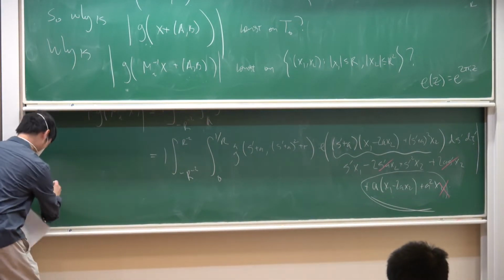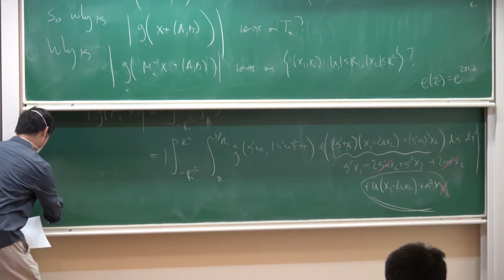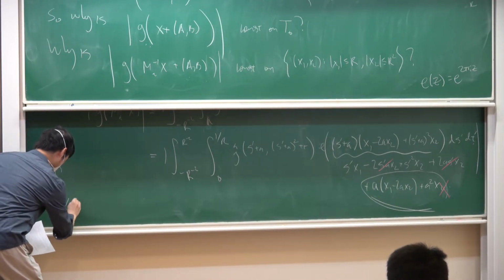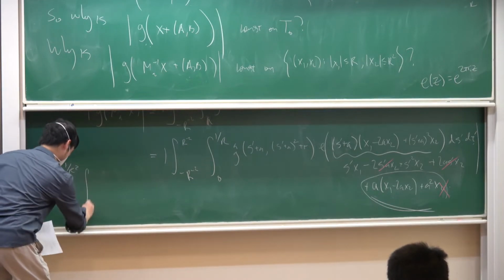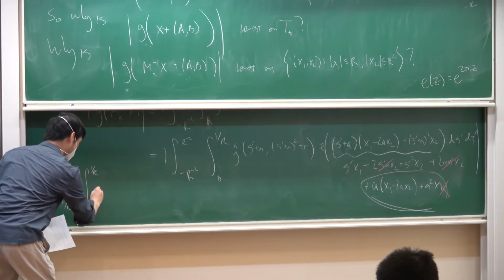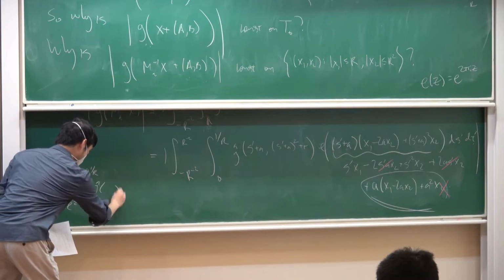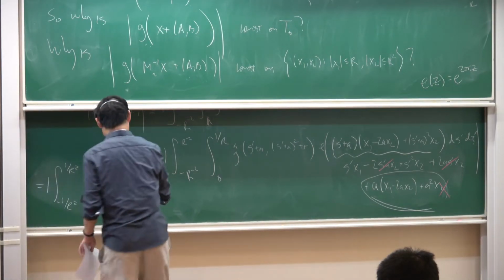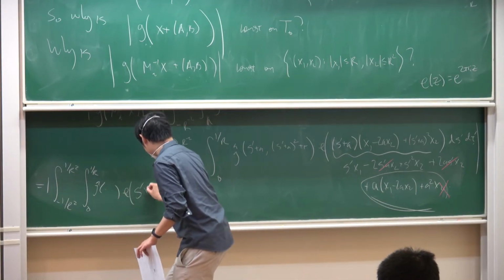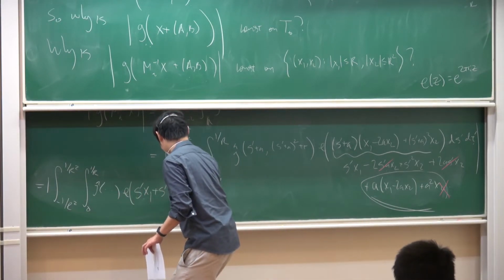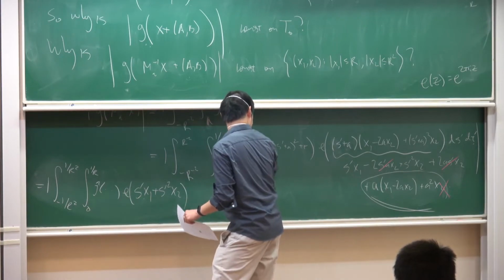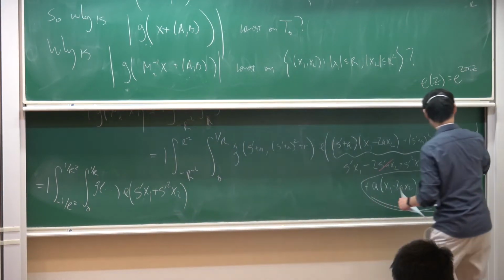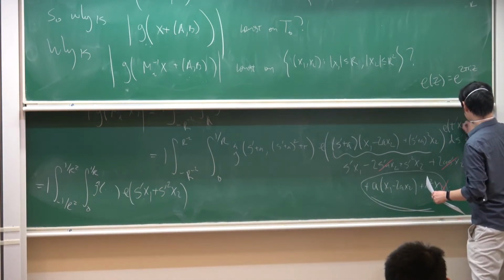Okay, so what's happened? So this is just 1 over r squared, 0 to 1 over r. To save space, some stuff about g that's not important, times e of s prime x1 plus s prime squared x2. Yes, I forgot the e of t prime x2 over here still.